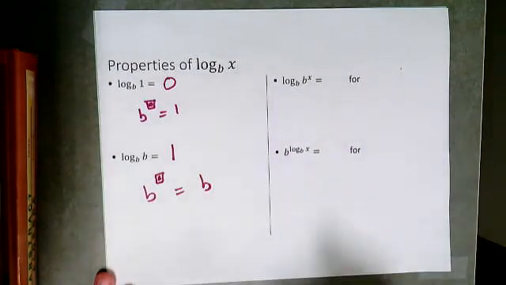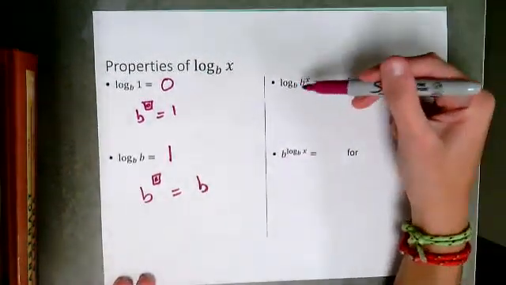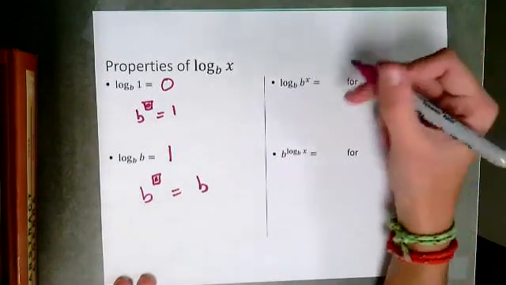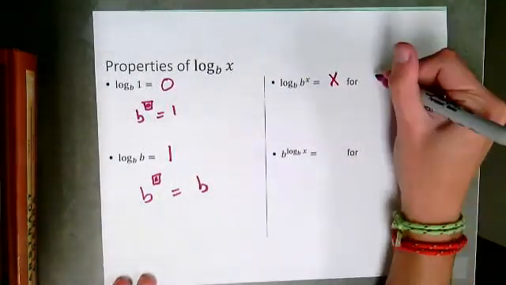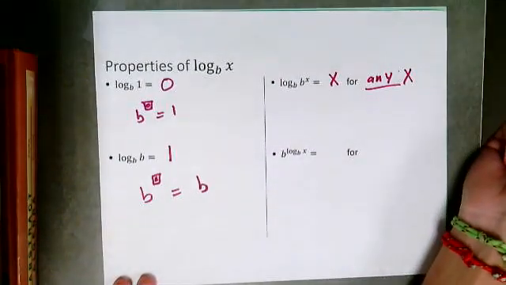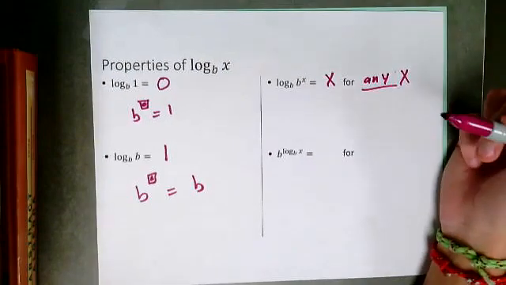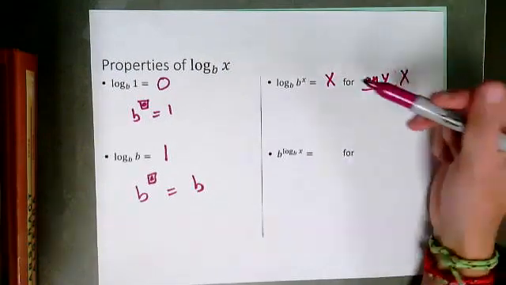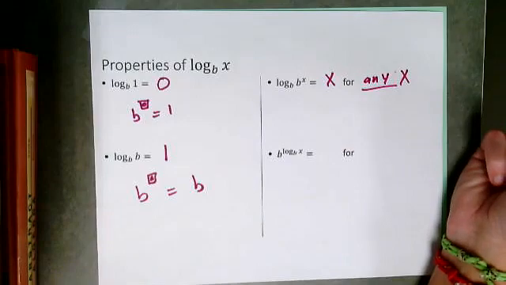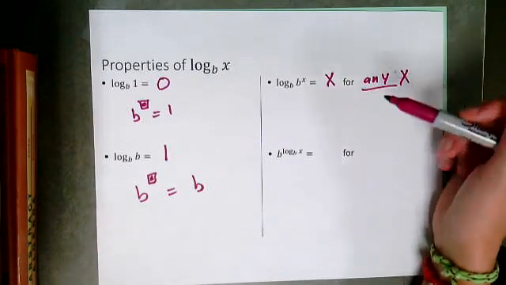Doesn't look like it, but that's a 1 in the box. Anyway. Log base b of b to the x is equal to x for any x, right? So you could have -1 in there. You could have 5 in there. You can have square root of 300 trillion, right? This works for any x.